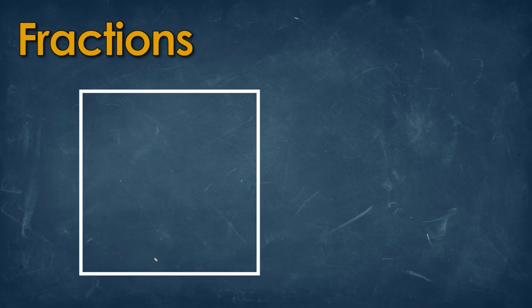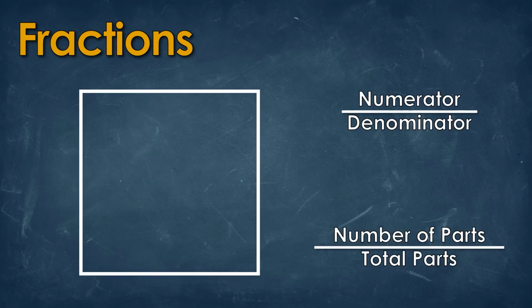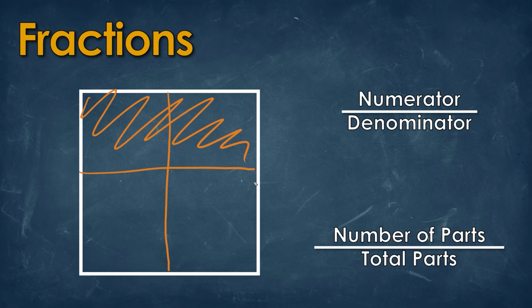And that's the idea of where fractions come in, where we take a look at something called the numerator over the denominator, or in other terms, the number of parts on top over the total parts. So if we take a look at 2 parts, we're looking at the number of parts that are shaded, which is 2, over the total parts, which is 1, 2, 3, 4.